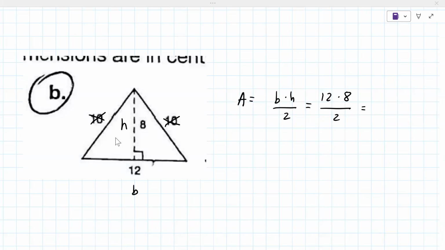48. Matthew, 48. Yes, very good. Let me know when you're ready to move on to letter C. I'm ready. All right, so letter C here.